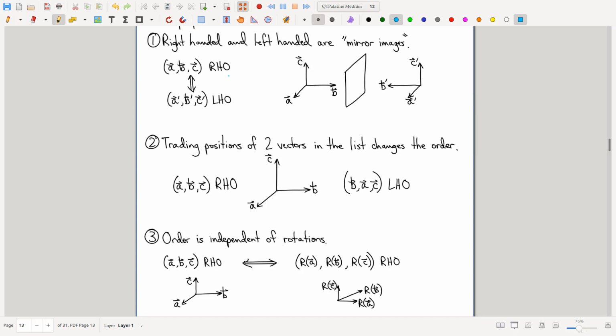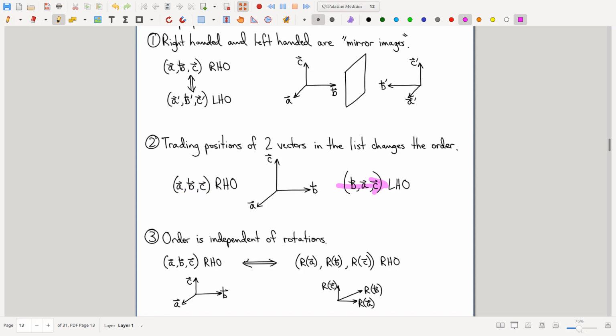Now this one you really have to think through. Let's start with this list here, A, B, C. A first, B second, C third. It's clearly right-handed. You look at the picture, look at my right hand. ABC is right-handed. But now let's think for a moment. What if I change the order of the vectors in the list?